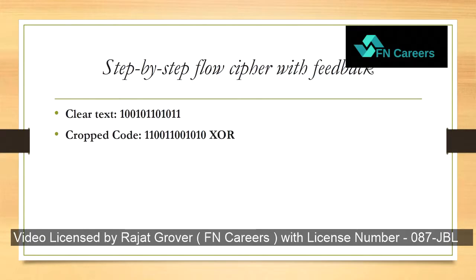Okay, now let's see step-by-step flow cipher with feedback. There are two sequences of saved digits. If the stream cipher is endless and meaningless, on the principle of unreasonable return, theoretically and practically, the cipher is unreadable.